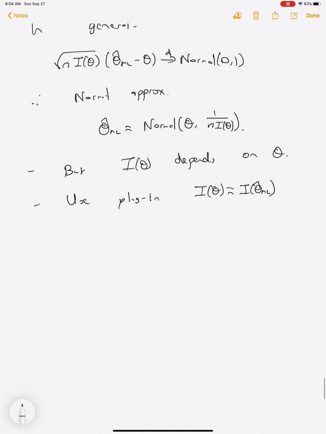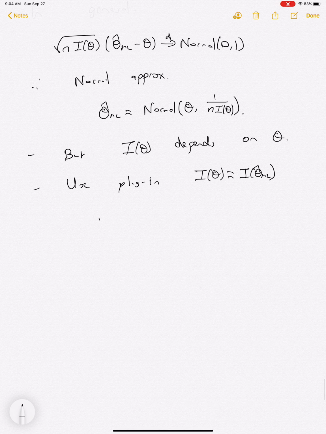And so you can say that theta hat ml is approximately normal with mean theta and a variance of 1 over n times I of theta hat ml.